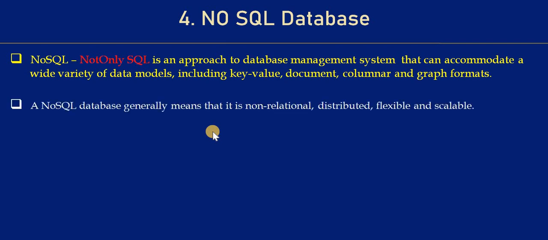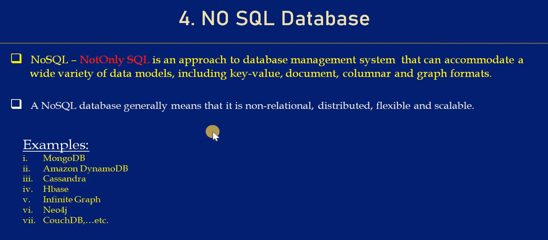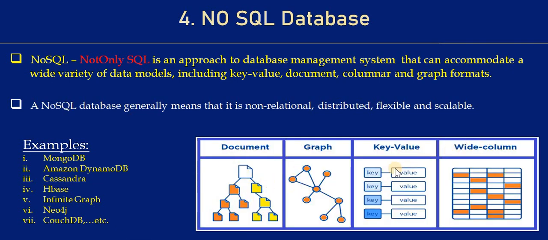A NoSQL database generally means that it is non-relational, distributed, flexible, and scalable. A few examples of NoSQL databases: MongoDB, Amazon DynamoDB, Cassandra, HBase, Infinite Graph, Neo4j, HostDB, etc. Here we have a diagram for NoSQL database examples: document, graph, key-value, and wide column.